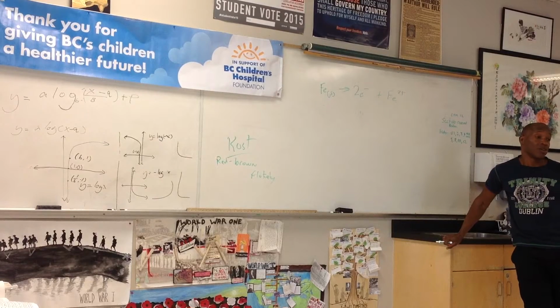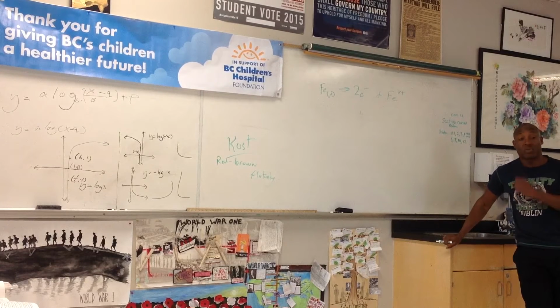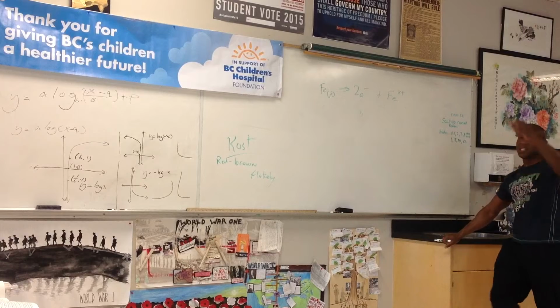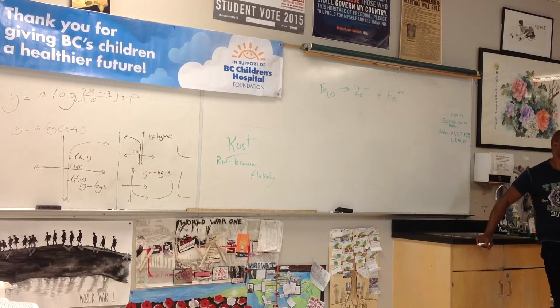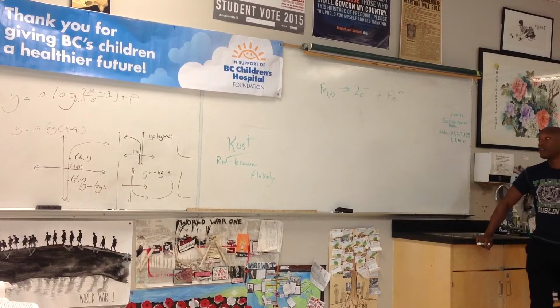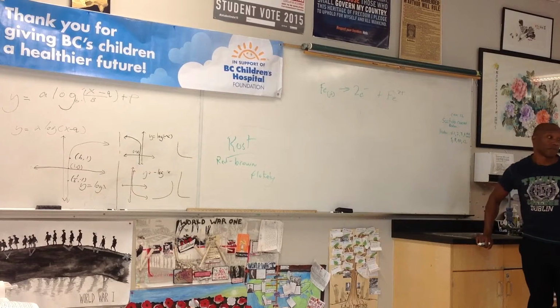So you need to look in your chart of standard reduction potentials and read, instead of the reduction potential, the oxidation potential. Good, you're getting your chart out, you're having a look at the last chart. And what do you see? Your oxidation potential for iron. Iron going to iron 2 plus.